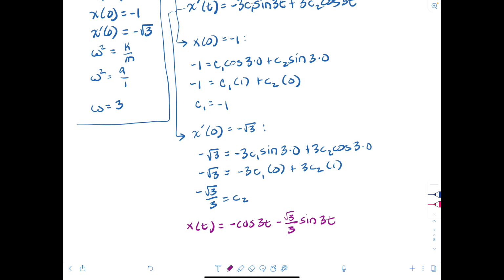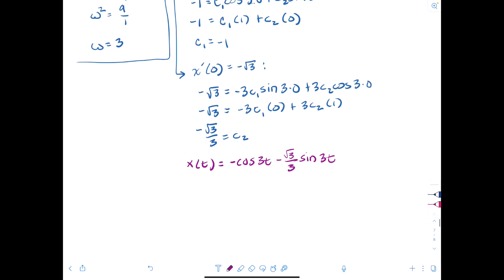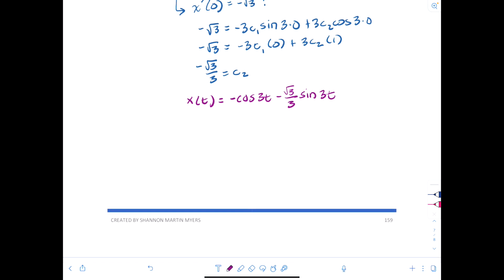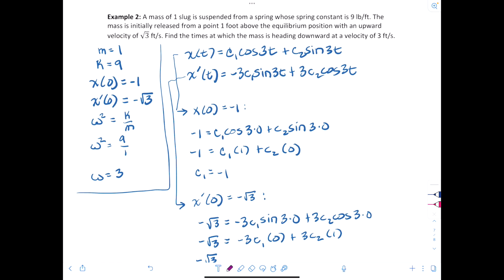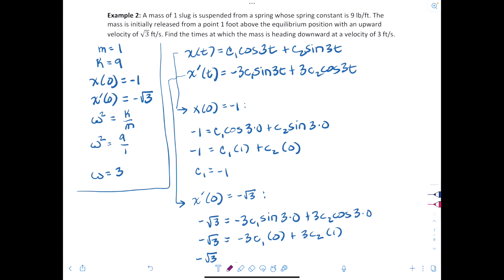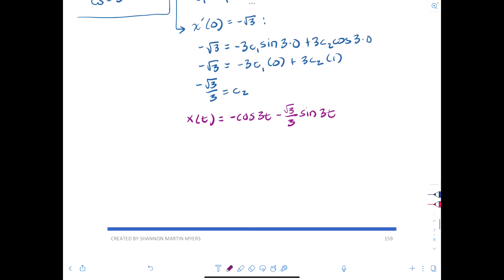Groovy? All right, so here we go. Looking good here. Now we are being asked to find the times at which the mass is heading downward at a velocity of 3 feet per second. So we're actually going to write this in this alternative format, okay?